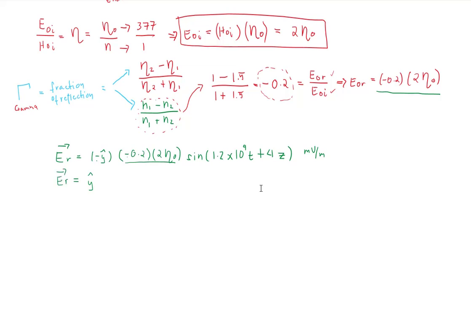right, times 0.2 times 2, and we know that eta naught is just 377 over 1, which is just 377.